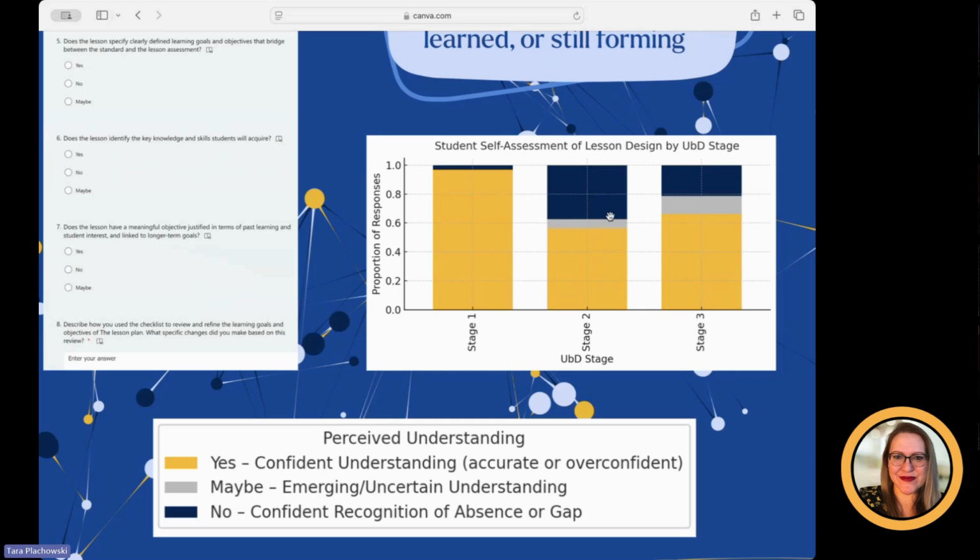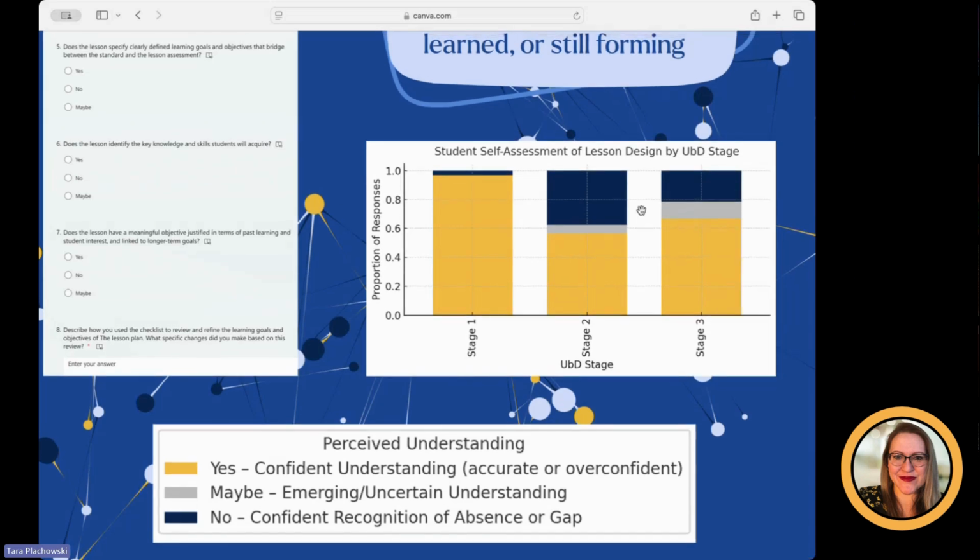We had only just begun to touch on Stage 2, but assessment is the most difficult thing to align, and so there are a lot of no's that they didn't think the assessment really did what it was supposed to do. They'd gotten a little lesson on assessment, but they had not yet gotten any lessons on instructional design.